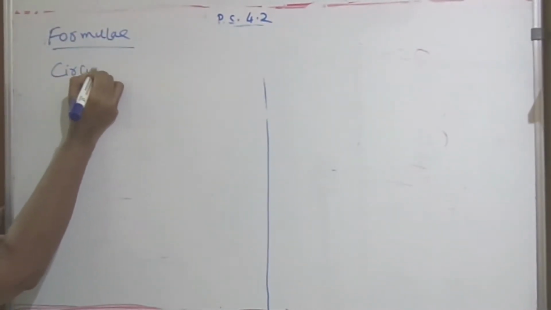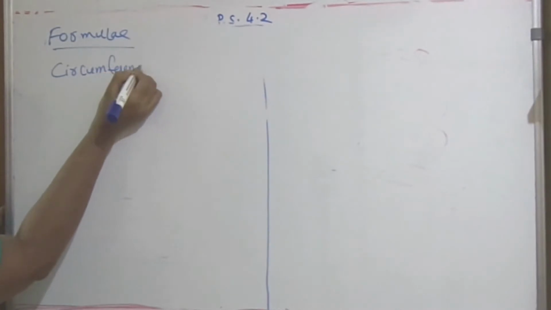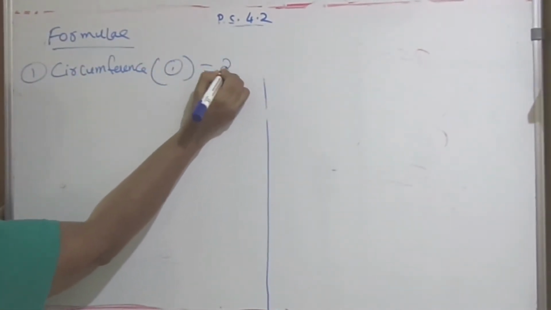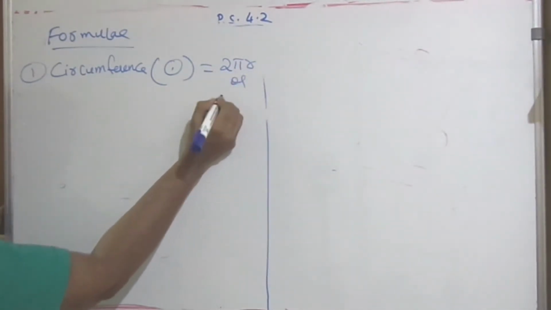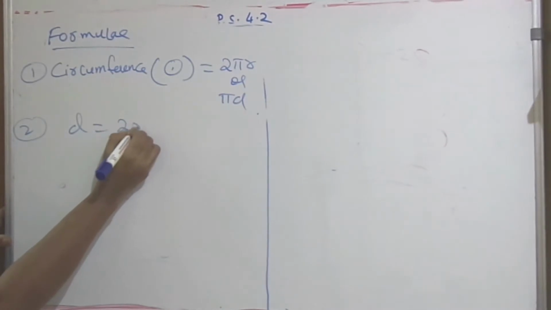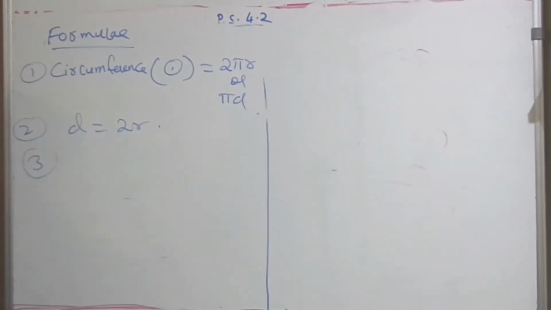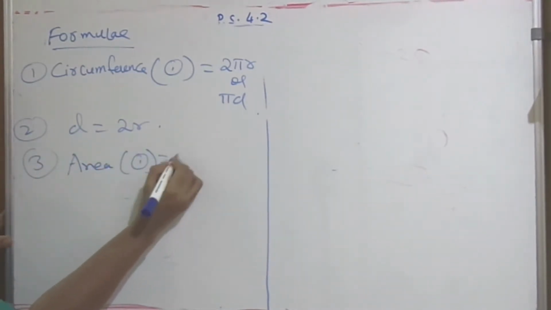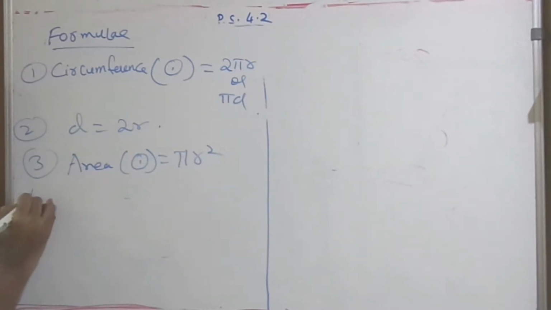Circumference of a circle is equal to 2 pi r, or you can use the formula pi d, because diameter is twice the radius. This you can take as another formula. Third formula, area of a circle is equal to pi r squared. I know you know all these formulas, just a repetition because it is used in the sums which follow.